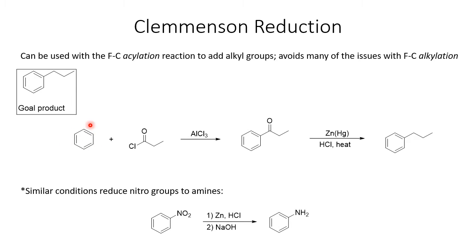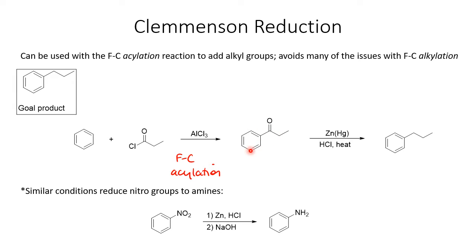So we'd start with a benzene ring and we'd react it with a 3 carbon containing acyl group in the presence of a Lewis acid. So this would be our Friedel-Crafts acylation. So that would install our 3 carbon chain here.